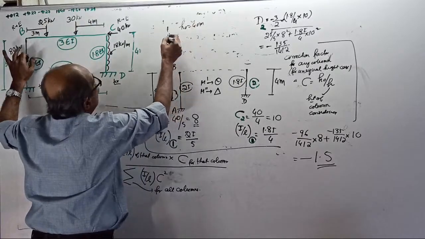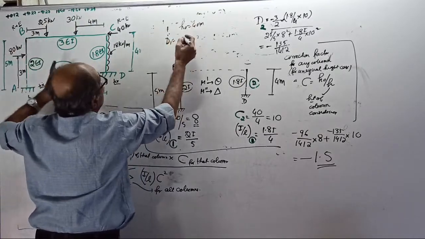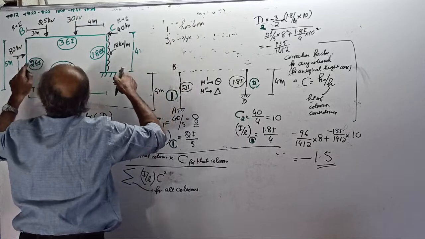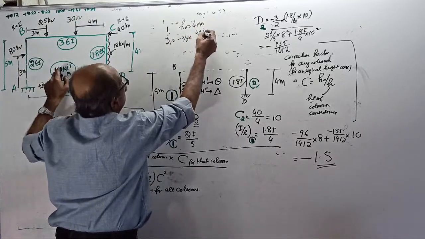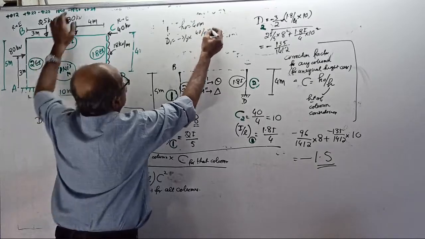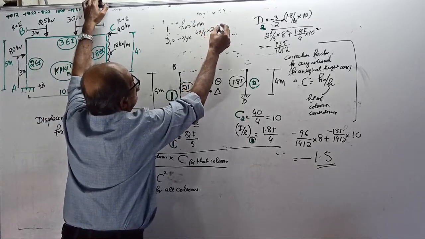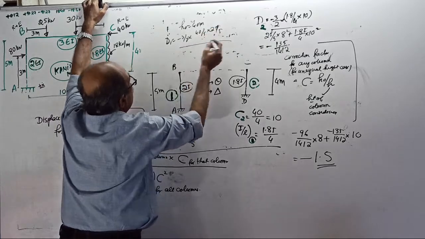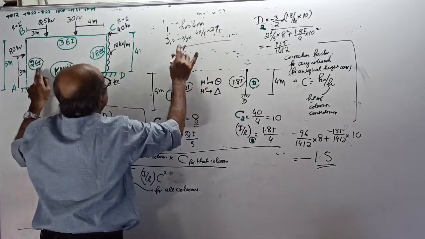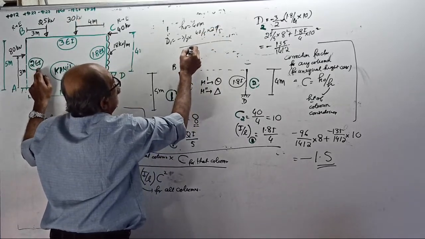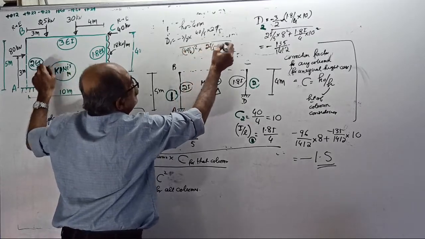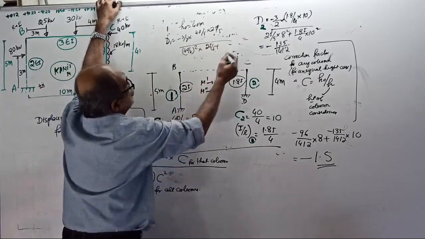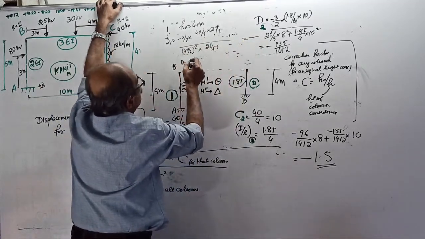Then displacement factor 1 is minus 3 by 2 into H0 by H, 40 divided by 5, into I by L of the column, 2I by 5, divided by the reference height squared, 40 by 5 squared, into 2I by 5, plus the same for the next column. You will get some number, and they will write it here for the second column.